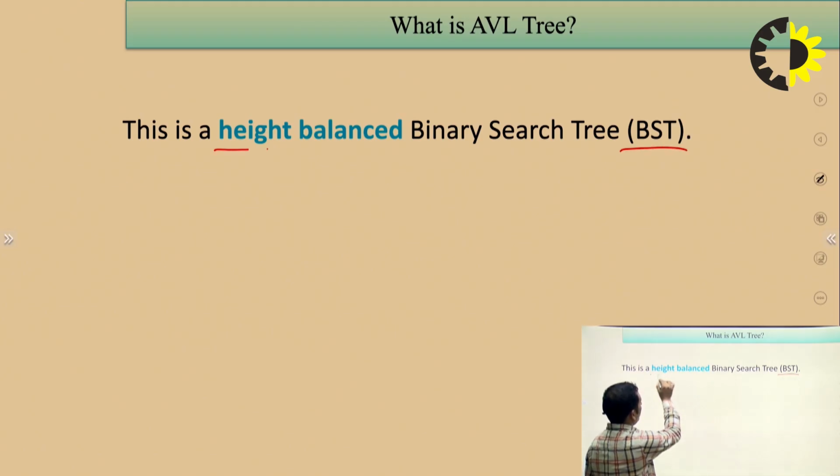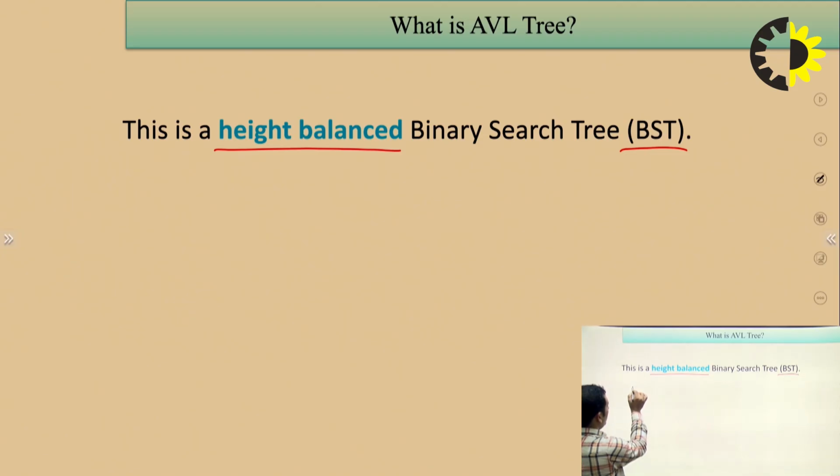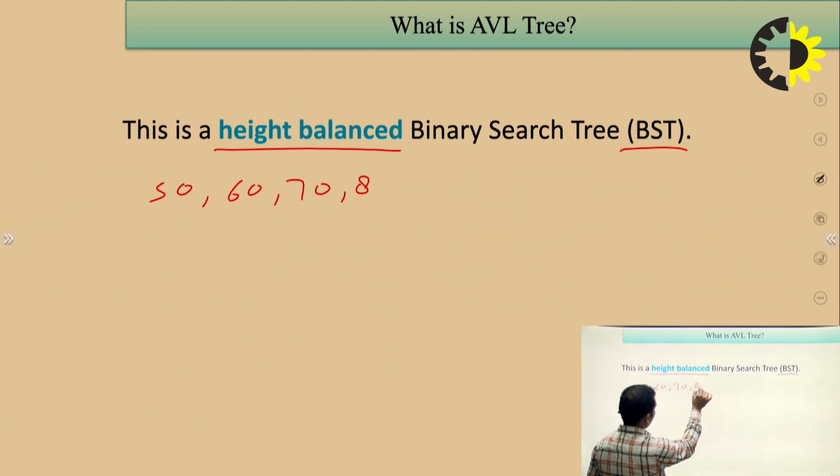Why is there a need for height balance? In some cases of BST creation, just take an example. If some keys are there, assume 50, 60, 70, 80, 90, and we want to create the BST.